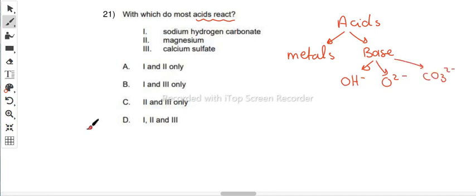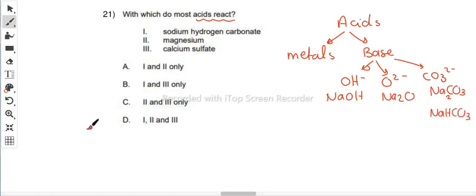These are the 3 different situations of bases: a metal hydroxide, a metal oxide, or a metal carbonate. For example, NaOH or Na2O, or we have the Na2CO3, or even sodium hydrogen carbonate.